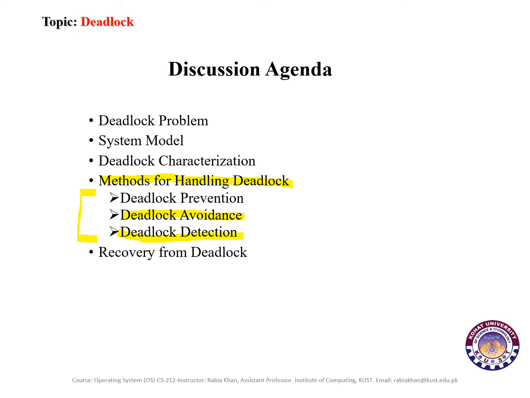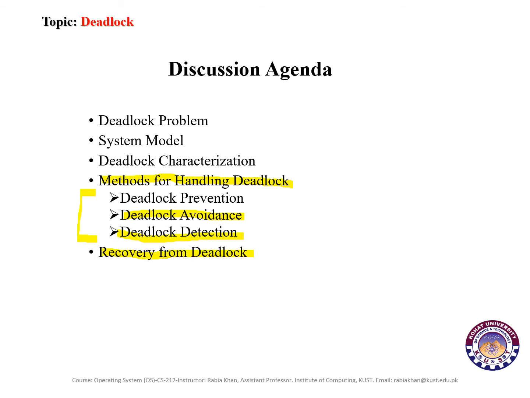At the end, once we have detected that the system has become involved in deadlock or is going to get locked in a deadlock situation, then we have to wake our system up. For that, we need to have some mechanism for our system to recover from deadlock. So some techniques to recover your system from deadlock will be discussed.